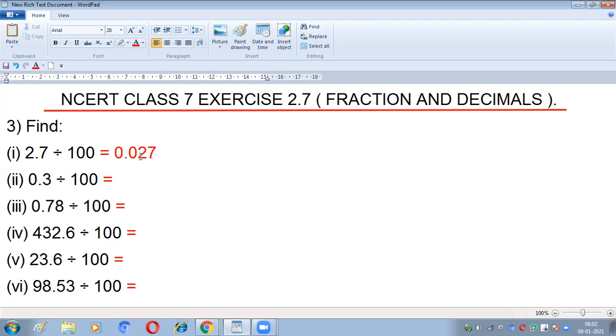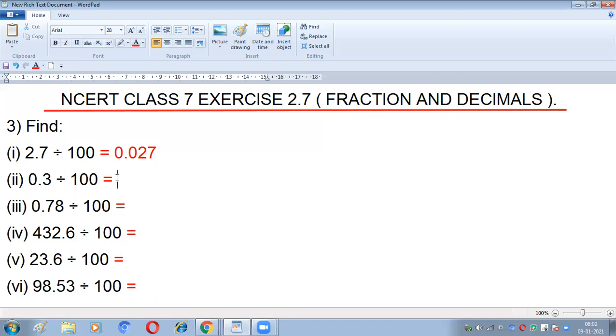Let's move to the second bit, and the second bit is 0.3 divided by 100. Here also we will move two digits. We will shift the decimal point two digits because here are two zeros. One digit is 0 and we will put another 0, because here is only one 0.